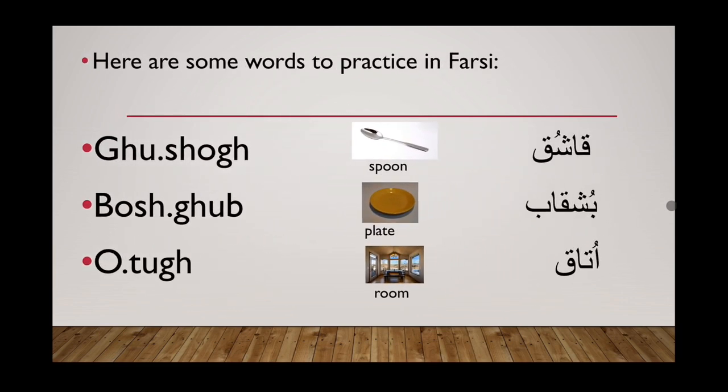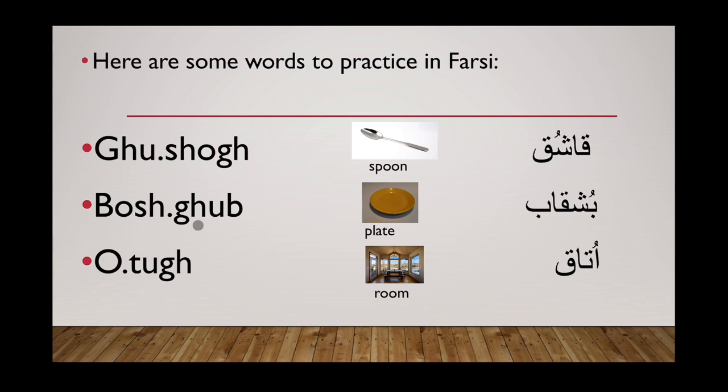So here are some words in Farsi that we can practice with the R sound. Try and follow along. This one might be a little bit tricky. Khashogh, khashogh. This means spoon. How about this one? Ooh, this is a combination of a couple of those difficult ones.